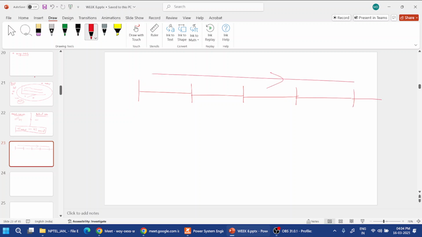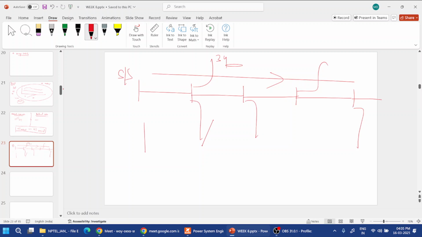But in a radial network, like in an IEEE 33 bus system, it is like here. Let's say this is the 34th node. If I place it in a lateral network, it will come after 33 buses, but in a radial network it is closer to the substation bus. So its voltage profile will be much better.